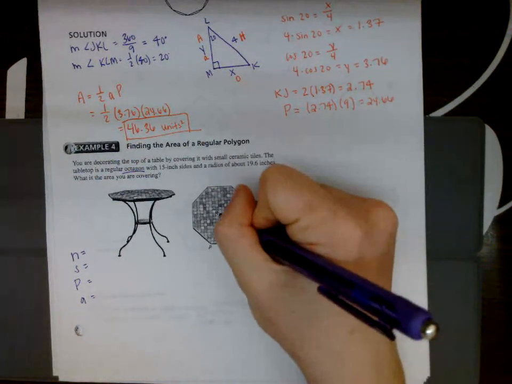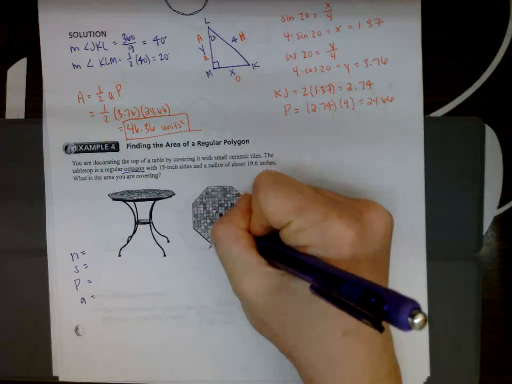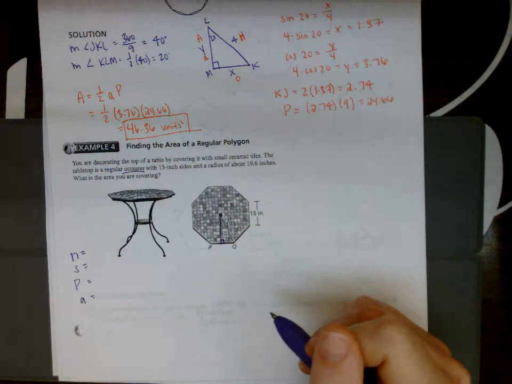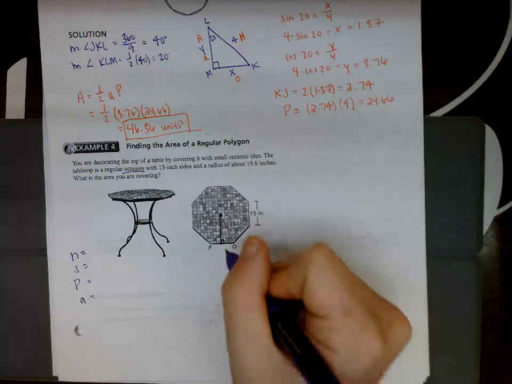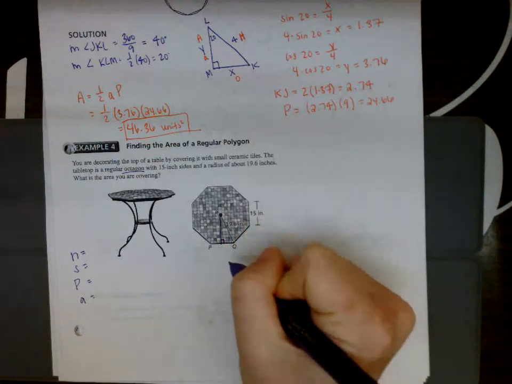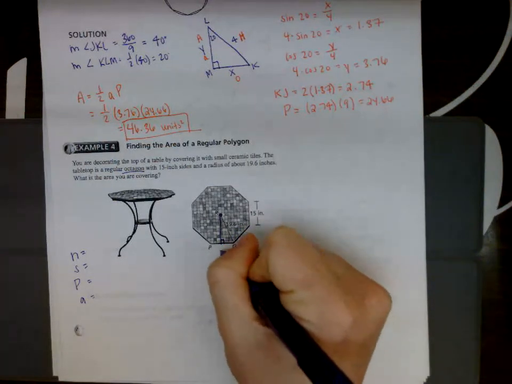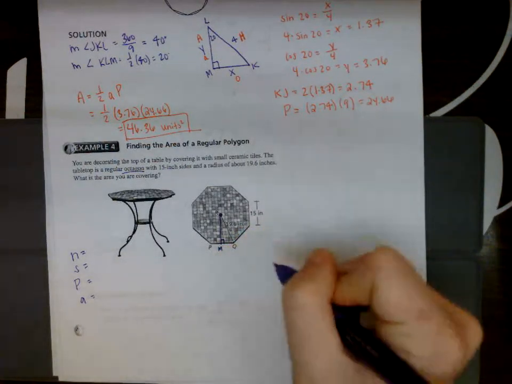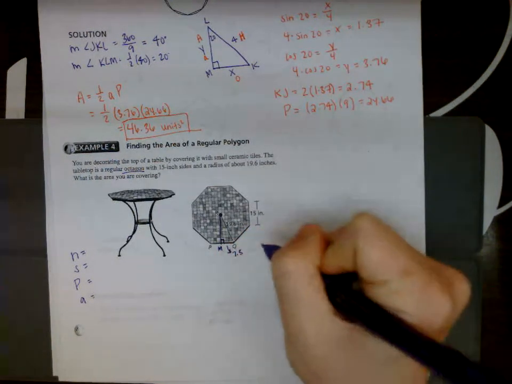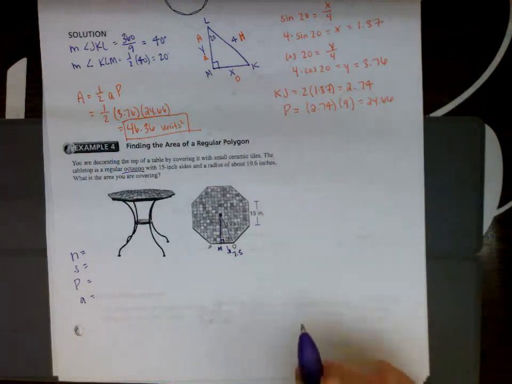Okay, so if you notice, I can drop a perpendicular segment right here, kind of like what you saw up here. Okay, and if I'm looking at this, I know that P, I'm going to make this a new letter. We'll call this M. I know M to Q is 7.5 because I took half of the side length. Okay, so that's 7.5.